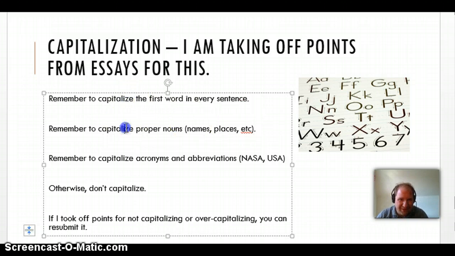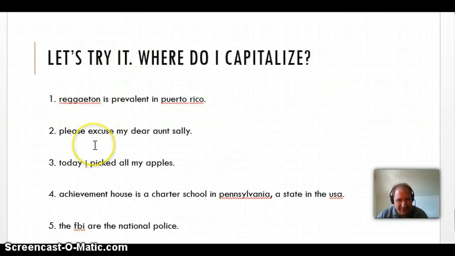So first word in every sentence, proper nouns, names, places. I'm tired of seeing Puerto Rico not capitalized. It's a beautiful island. PR, make them big. Acronyms like NASA, abbreviations, USA. So if I take off points, you can resubmit your work, and we'll go over this in class.